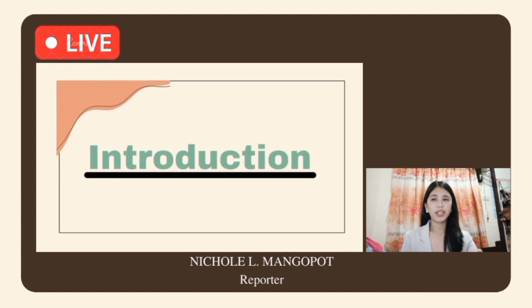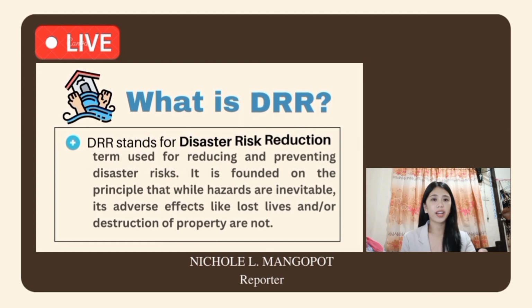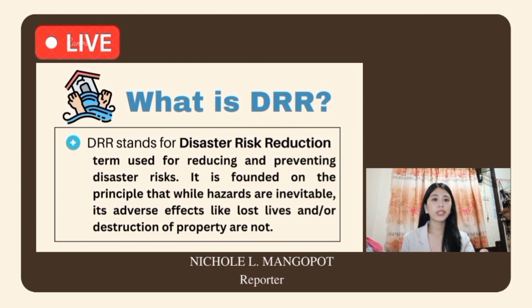So what is DRR? DRR stands for Disaster Risk Reduction. This term is used for reducing and preventing disaster risk. It is founded on the principle that while hazards are inevitable, their adverse effects like lost lives and destruction of property are not. Therefore, DRR helps us lessen the adverse impacts of hazards and related disasters.